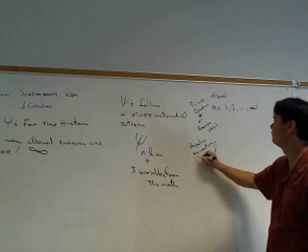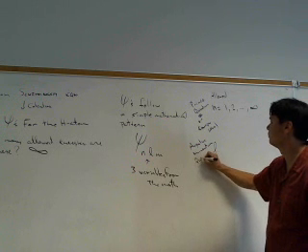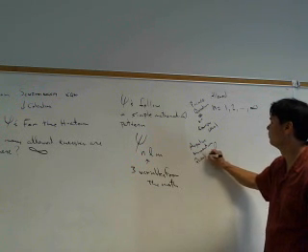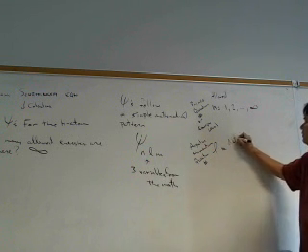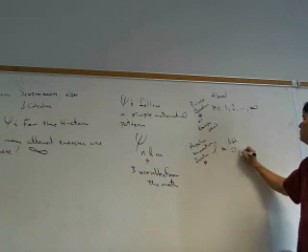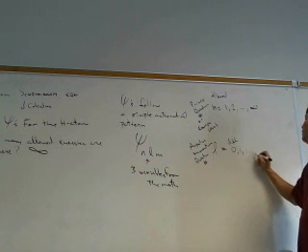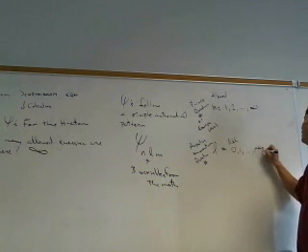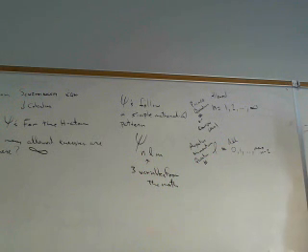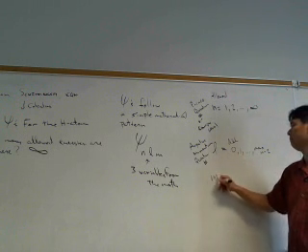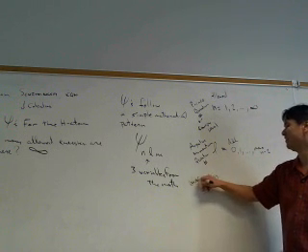quantum number. And L takes on all values from 0, 1, to a max of n minus 1. M is called the magnetic quantum number.